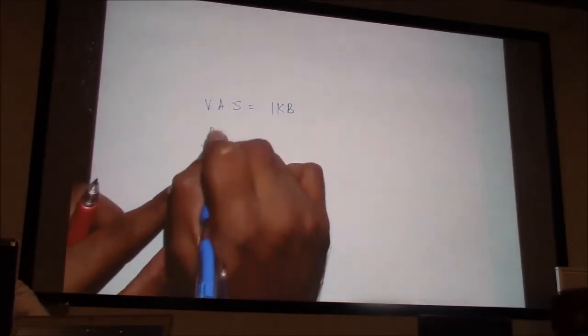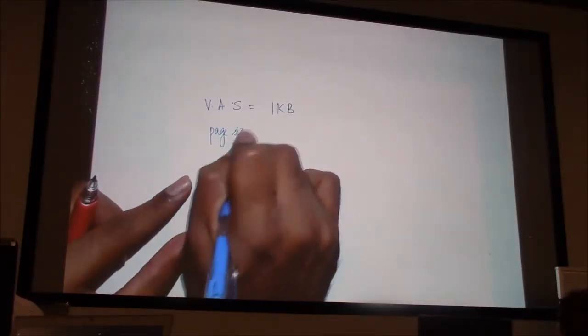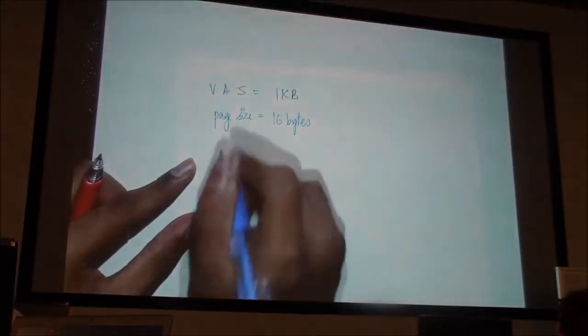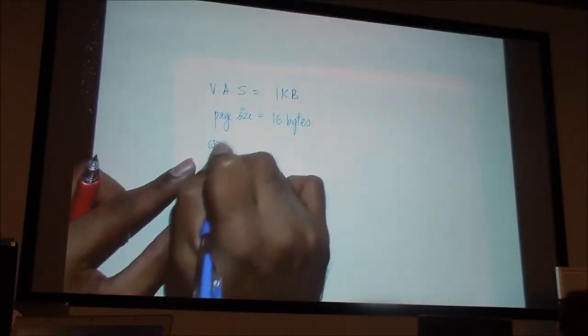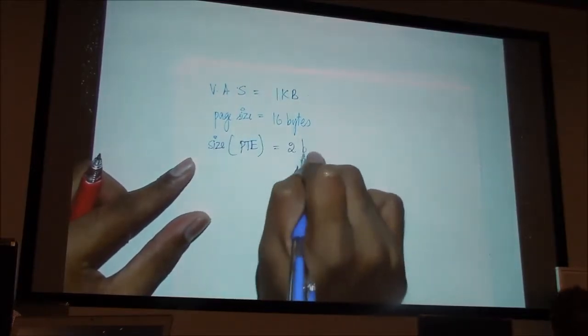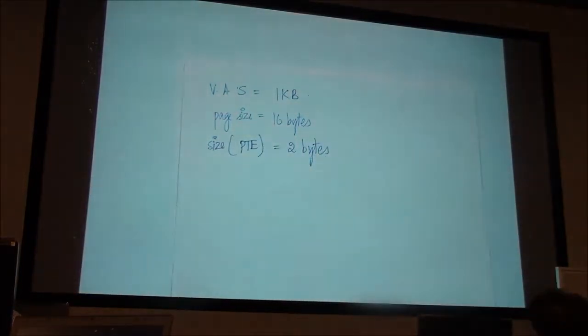Let's assume a page size of 16 bytes, and we can also assume the size of a single page table entry is 2 bytes. If this is the setup, let's see how this hybrid scheme of segmentation and paging is going to help.